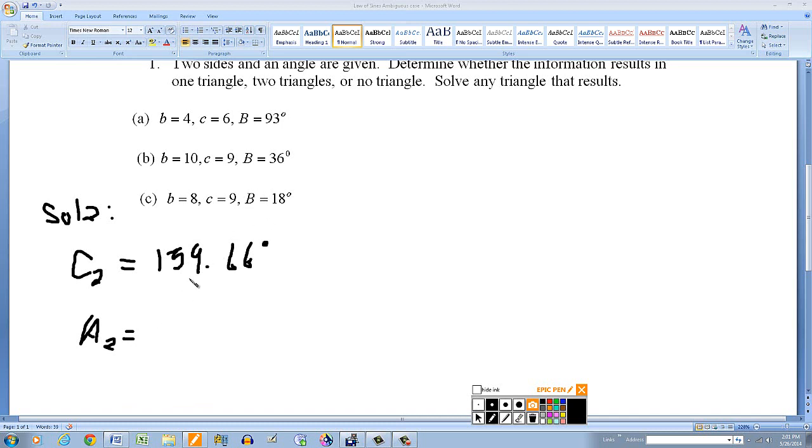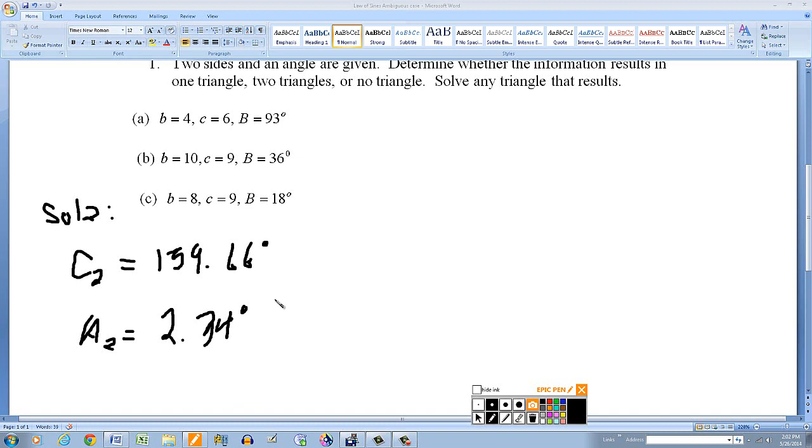So add 18 to 159.66 and subtract that value from 180, and angle capital A sub 2 is going to be 2.34 degrees.